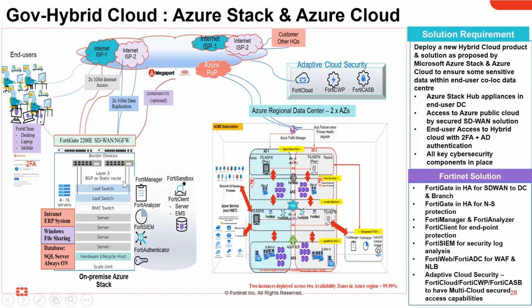Within Azure Stack itself, we deploy FortiManager, FortiSandbox, FortiAnalyzer, FortiSIEM, and FortiAuthenticator for the end user as 2FA, and importantly also FortiClient to allow remote access via IPsec VPN here.